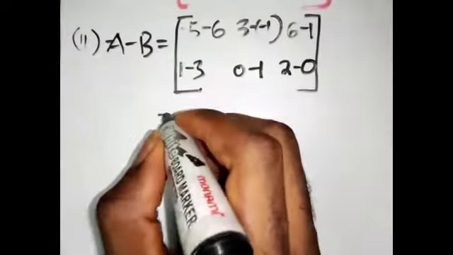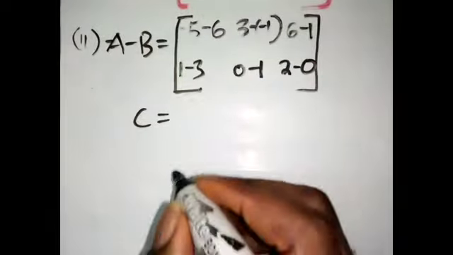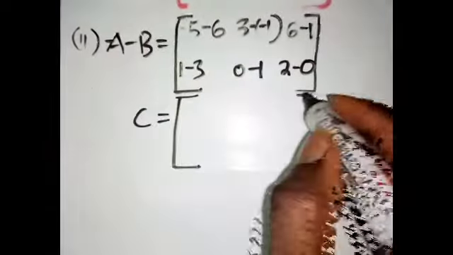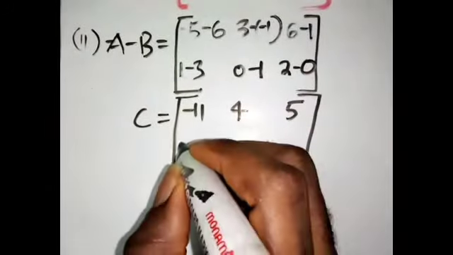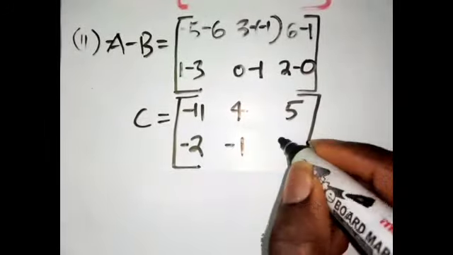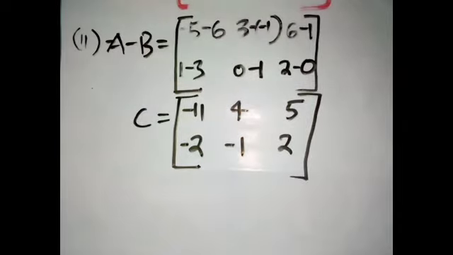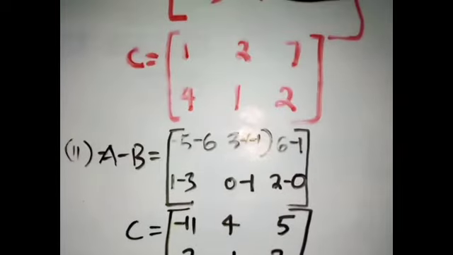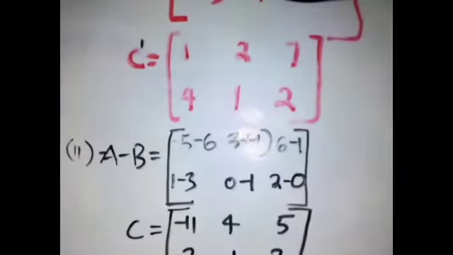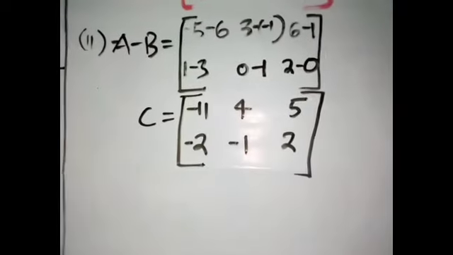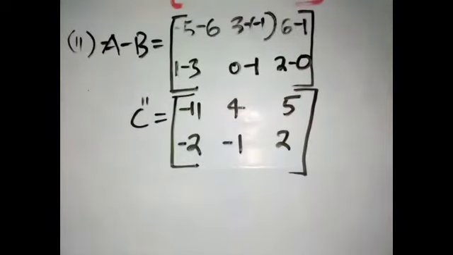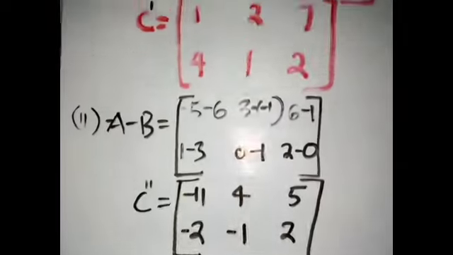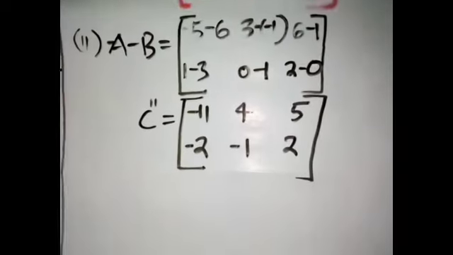So this will give us a new matrix C. Maybe we can differentiate this from the first by calling this C prime and this C prime prime, where C prime represents the operation for addition and C prime prime represents the operation for subtraction.